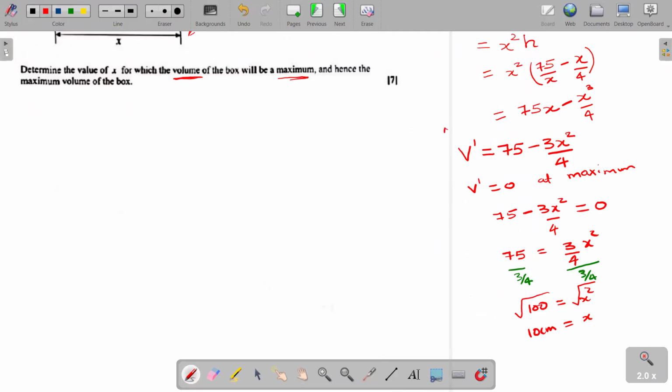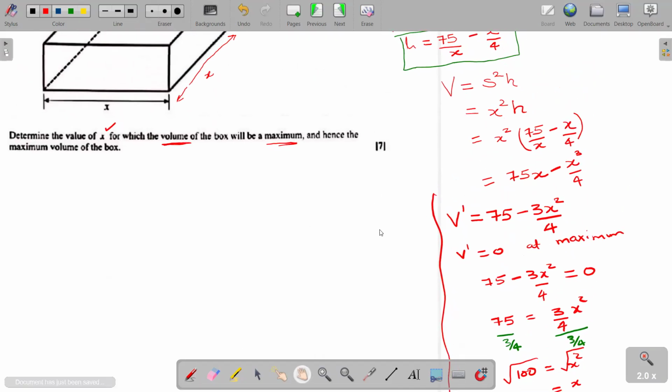So we already have the value of x for which we are getting the maximum volume. Then it's saying, and hence the maximum volume of the box.